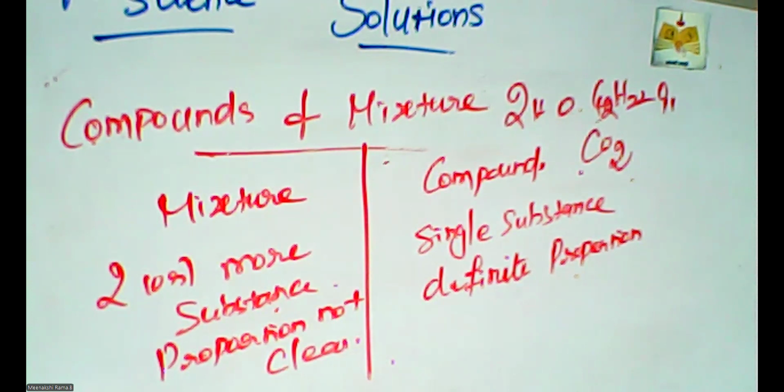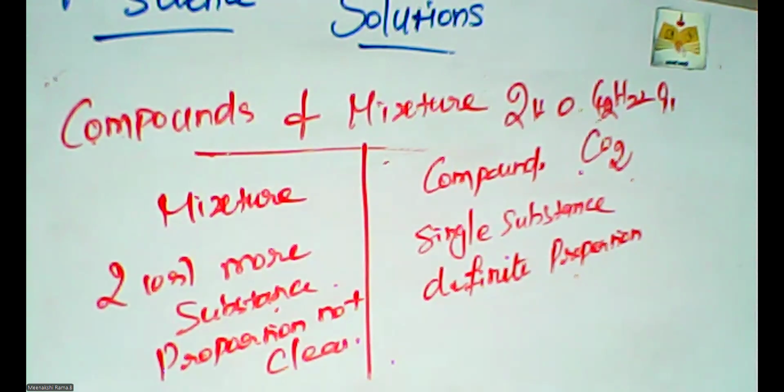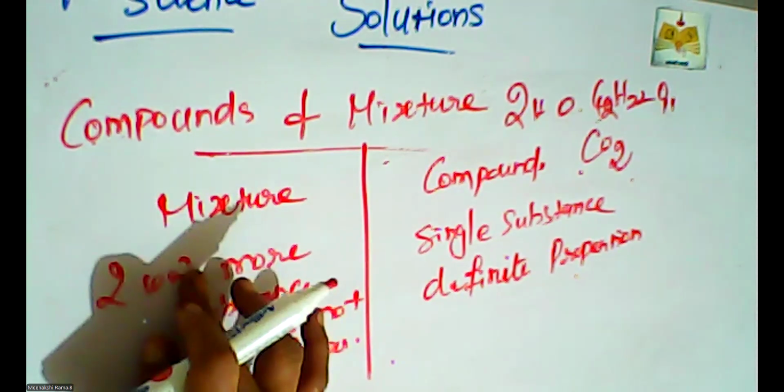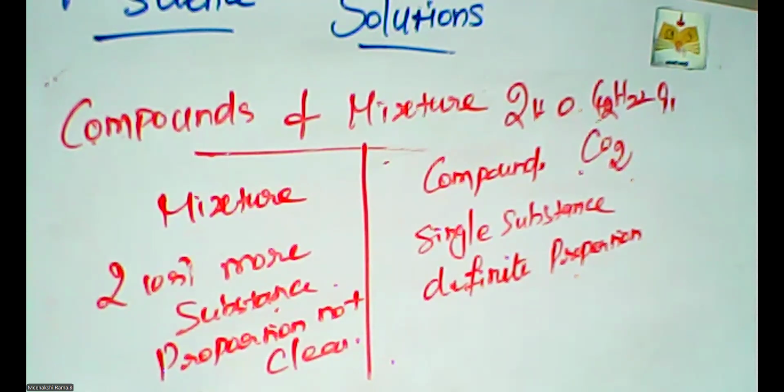A mixture shows the properties of its constituents, but a compound does not show the properties of its constituents. So the components of a mixture can easily be separated by physical methods. Mixture means, for example, our snack items; we can easily separate each and every particle.